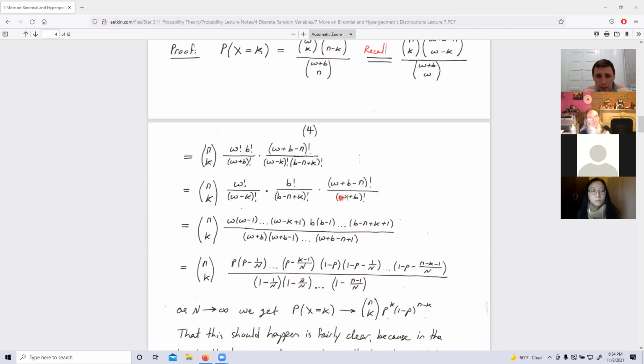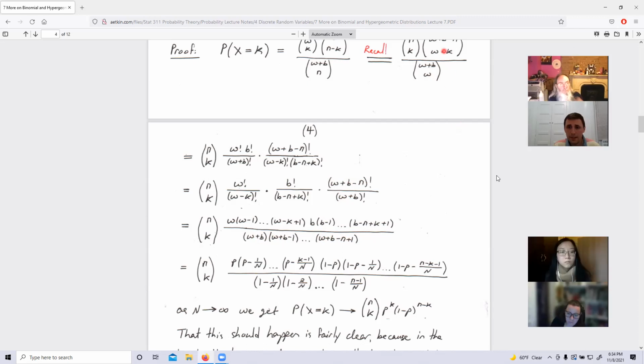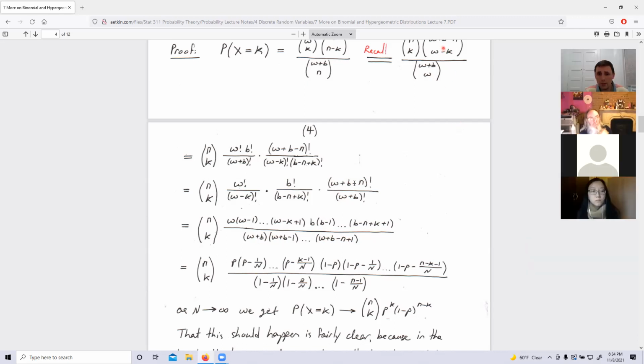So you can see w plus b is bigger, so it will cancel this numerator, and w plus b, what do we have remaining? It's w plus b minus 1 over all the way to w plus b minus n plus 1. Yes? I just simplify all of them, right? So this is what I have as the ratio.